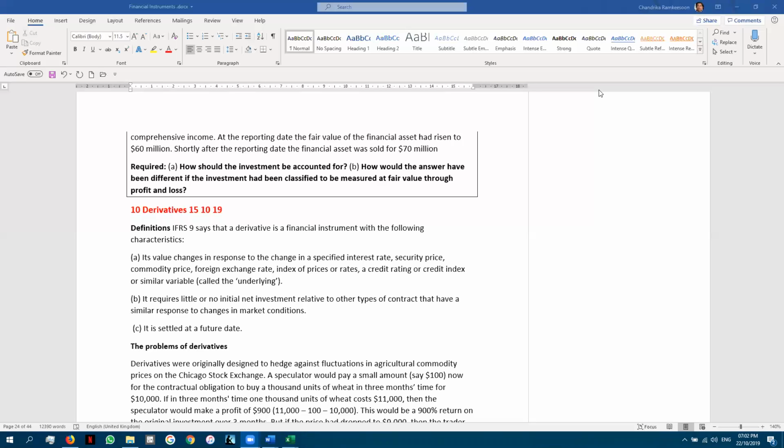Now, as I explained to you before, one problem that students tend to encounter when dealing with IFRS 9 and financial instruments, but especially this part on derivatives, is that students would not have dealt with derivatives in any detail before. They may have been exposed to it very briefly in the financial management paper, F9 as it was called, but very, very briefly.